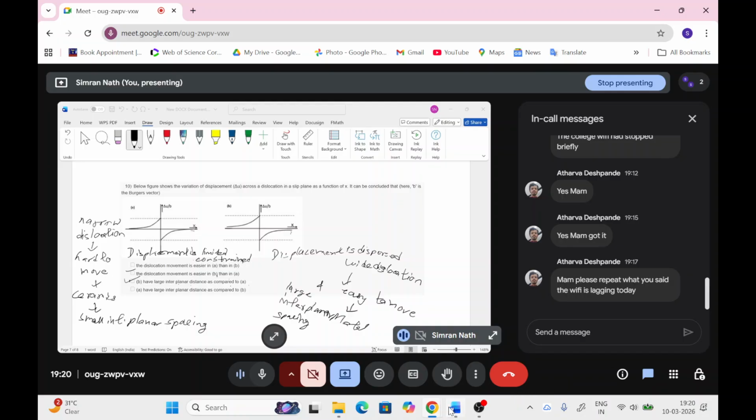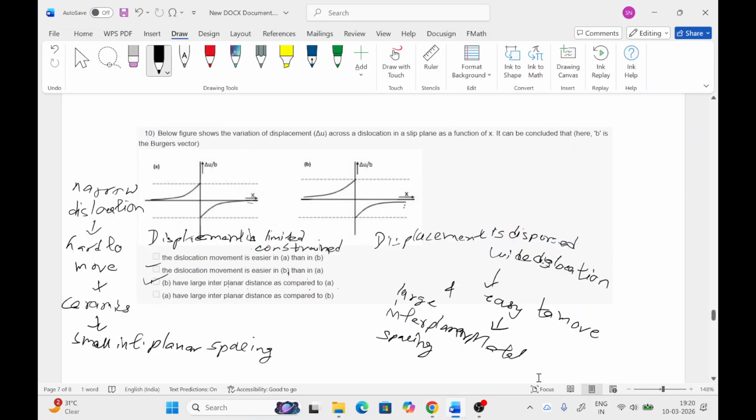Yes, so I said that we can see in the picture of A that displacement is getting zero when we move away from the dislocation core. So the displacement is constant near the dislocation core.